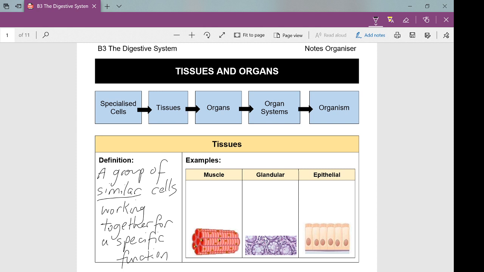So when you have tissue, it's all to do with the same type of cell. You have a bunch of them, and because they're the same type of cell, they're all going to be doing the same type of thing.